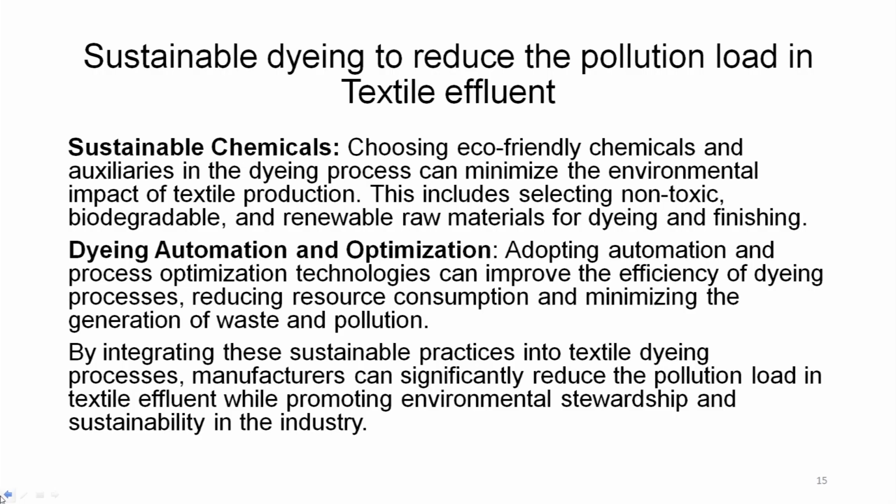Dyeing automation and optimization. All along we have been talking about optimization. Adopting automation and process optimization technologies can improve the efficiency of dyeing processes, reducing resource consumption and minimizing the generation of waste and pollution.